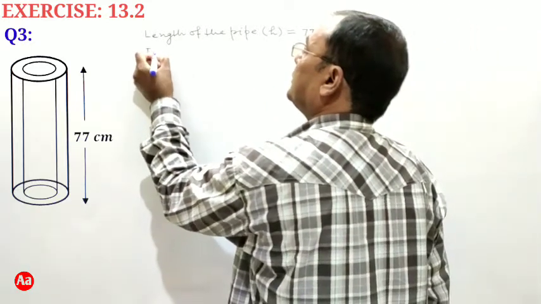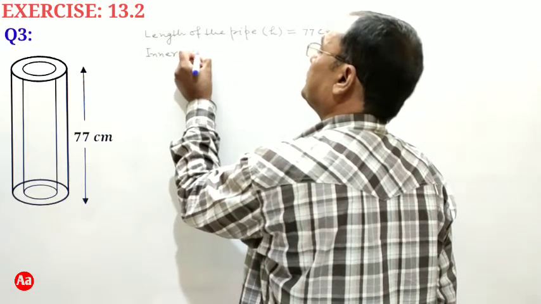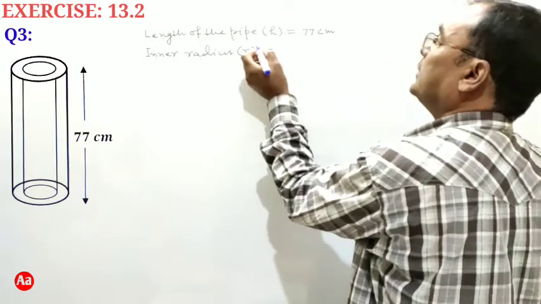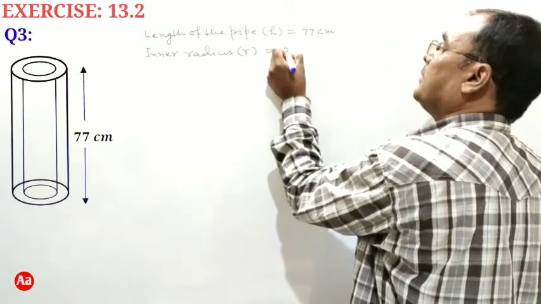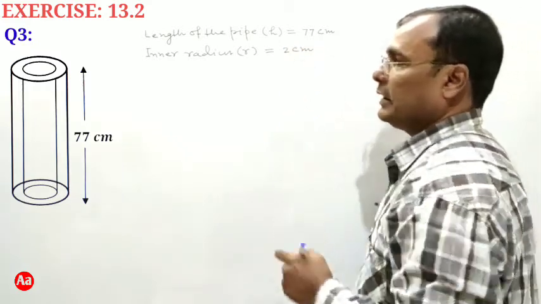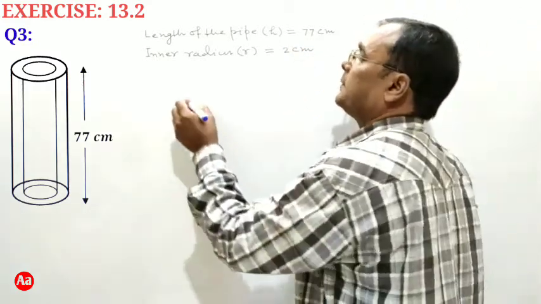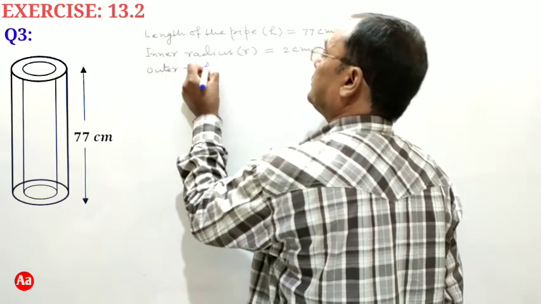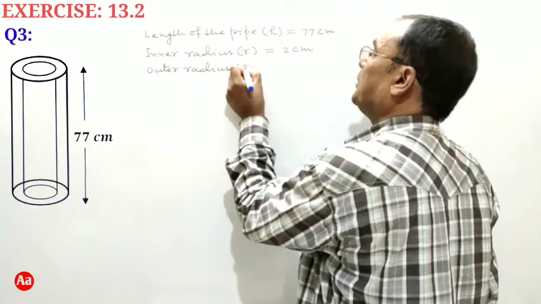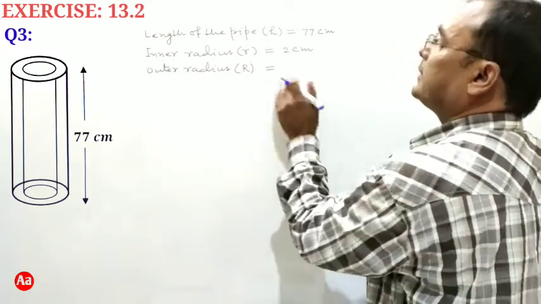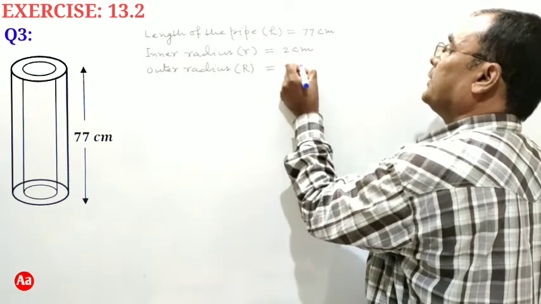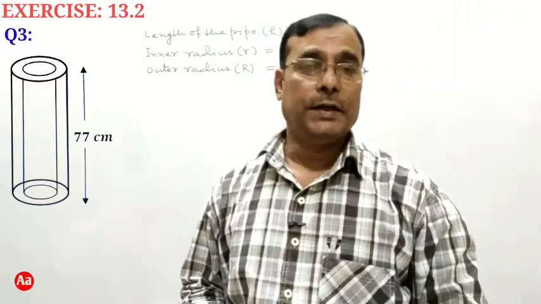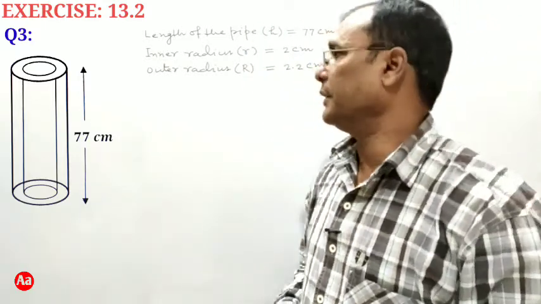Inner radius of cross section of the pipe, small r we are writing, is given 2 centimeter, because inner diameter is given 4 centimeter. And outer radius, capital R we are writing, is 2.2 centimeter, because outer diameter of the cross section of the metal pipe is given 4.4 centimeter.